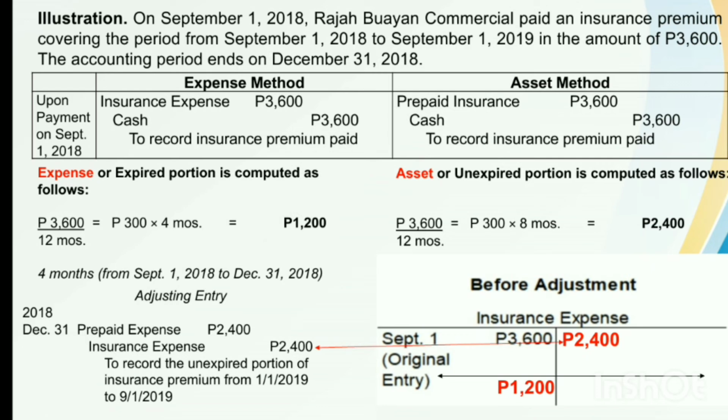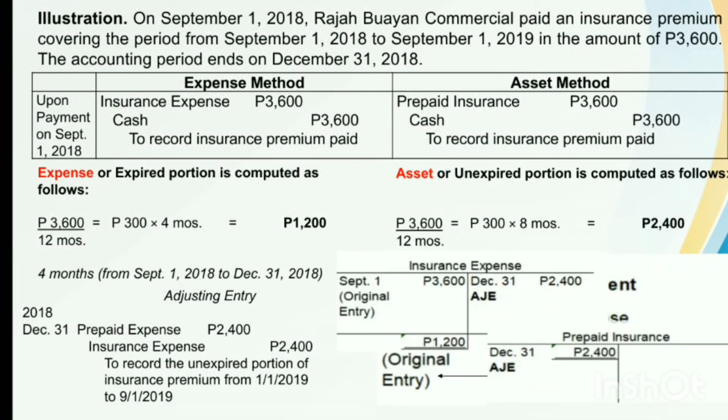And this 2,400, which, as I said earlier, was removed from the insurance expense, is transferred to the asset account, which is prepaid insurance, 2,400. And because of the adjusting entry, the insurance expense and the prepaid insurance accounts are now at their correct balances.